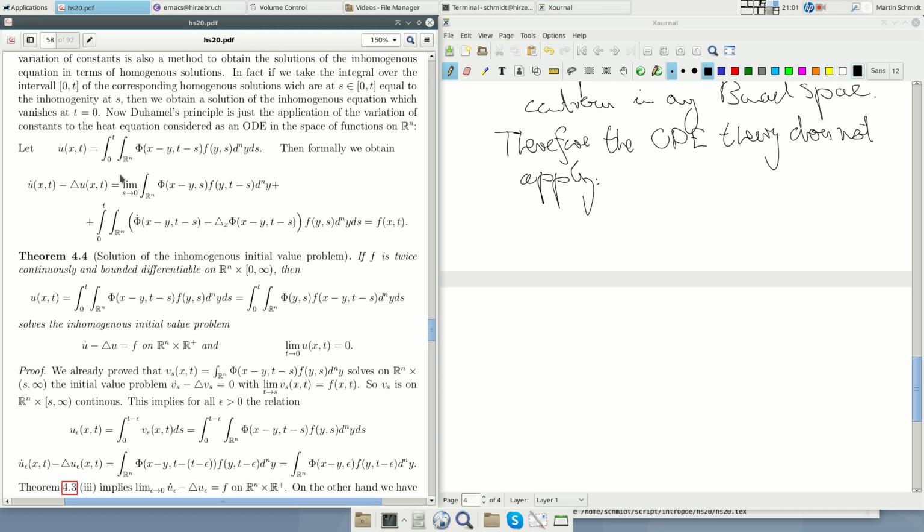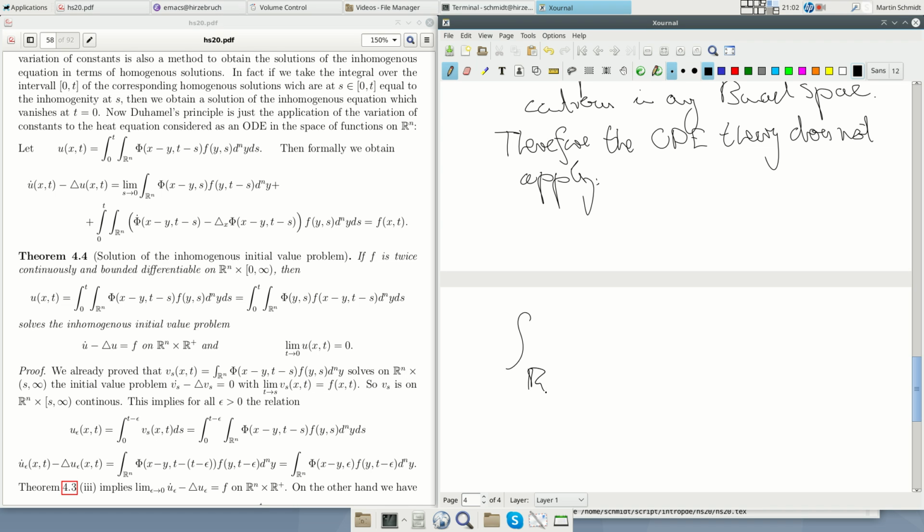This is now the solution: the integral over Rn of phi of x minus y, t minus s, times f of y, s, dy.